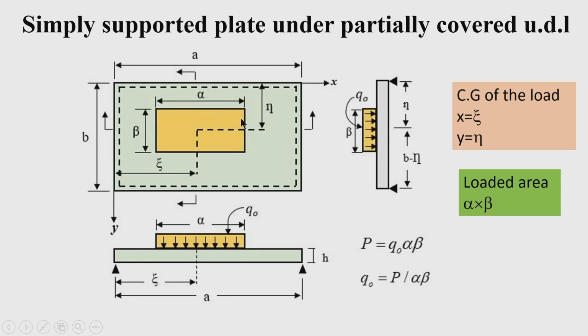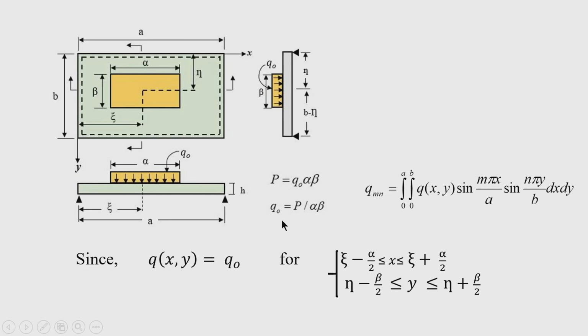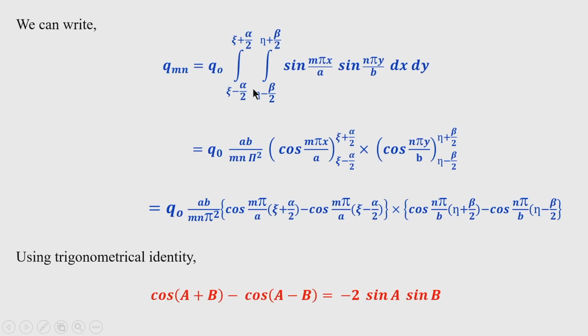Similarly, in the y direction, the lower limit is eta minus beta by 2, and the upper limit is eta plus beta by 2. So, these limits are written here. The only thing is that you have to evaluate in the same way by changing the limits of integration. So, the limits of integration have been changed suitably here, and integration is carried out.